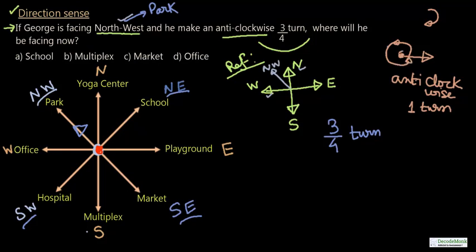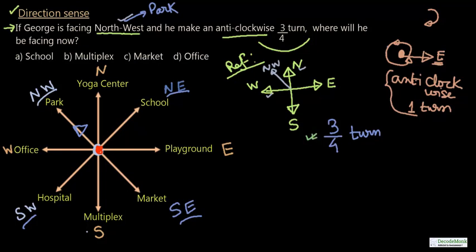If somebody, say Sam, is facing east, then after one turn anti-clockwise, Sam will again face east direction. That means if somebody is facing a particular direction, then that person will face the same direction after making one complete turn.